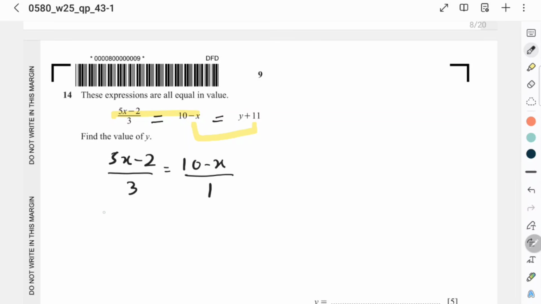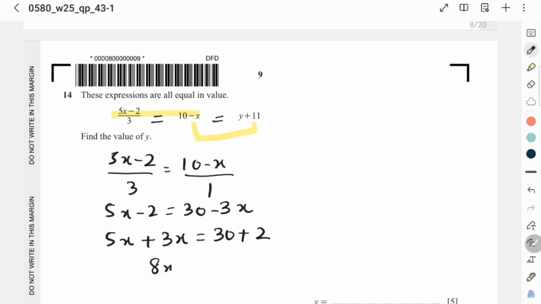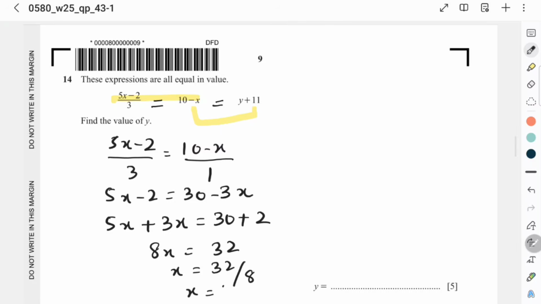Multiply: 5x minus 2 is equal to 30 minus 3x. Write like terms together: 8x is equal to 32, and x is equal to 32 over 8, which is 4. We got the value of x, which is 4.